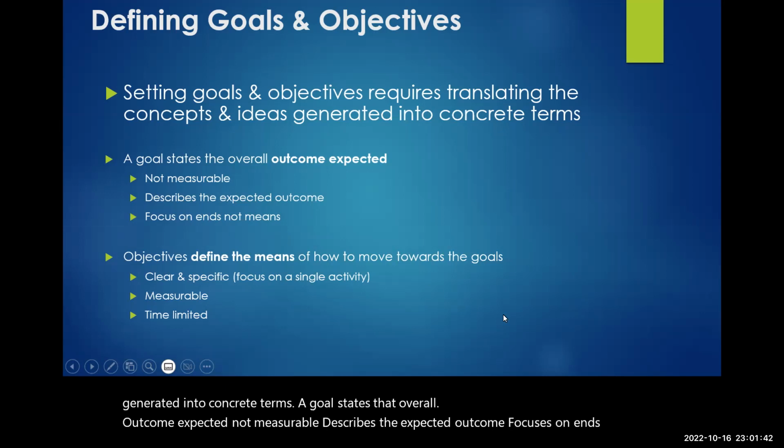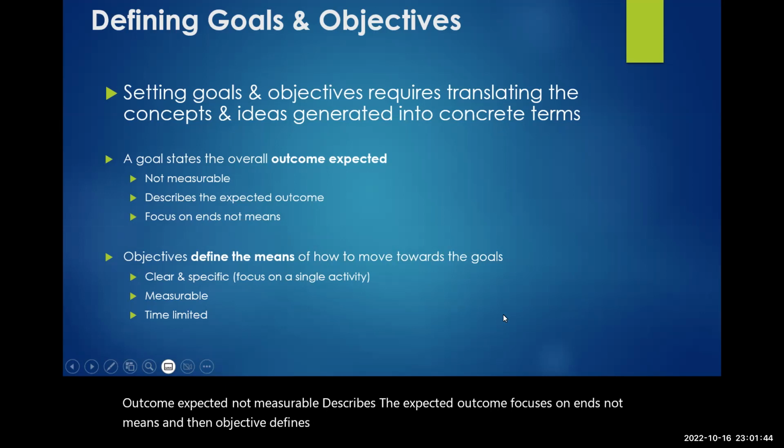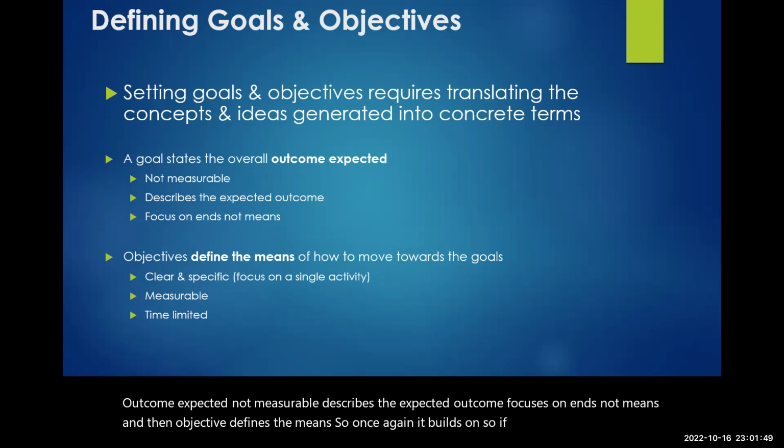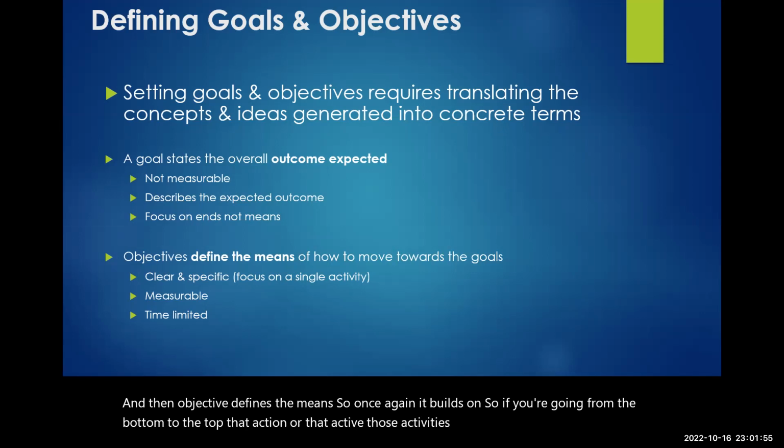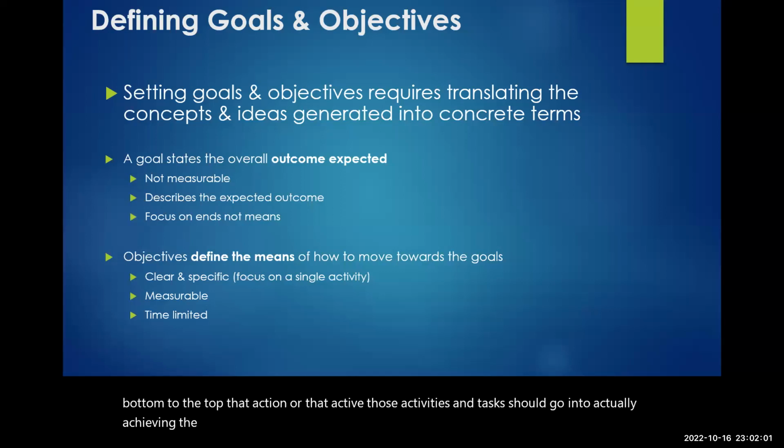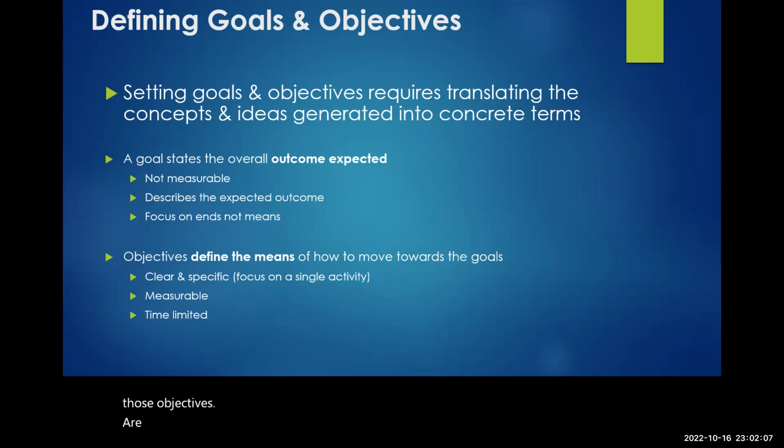And then objective defines the means. So once again, it builds on, if you're going from the bottom to the top, those actions or activities and tasks should go into actually achieving the objectives and achieving those measurables in the objectives. And then those objectives are also achieving those goals.